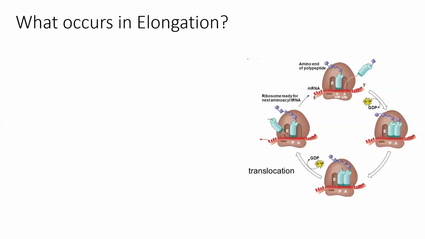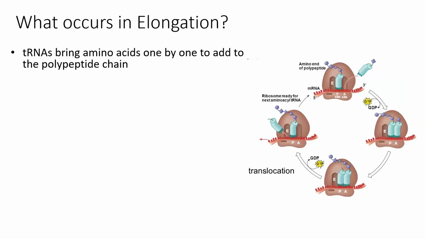So now what happens in elongation for translation? The tRNAs bring the amino acids one by one to add to this chain.